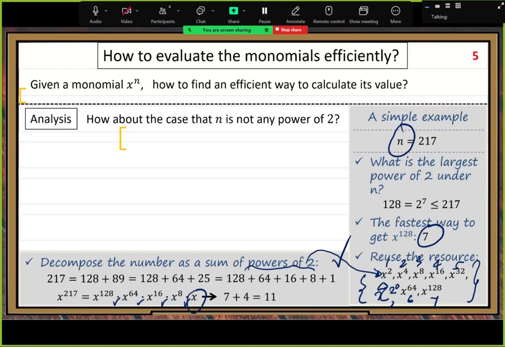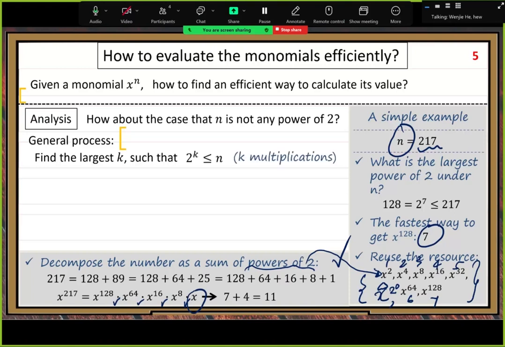All right. Let's continue with binary representation. Given 217, you can represent it as a binary number. So here is the general process: given n, we find the largest k such that 2 to the k is at most n, which takes k multiplications.